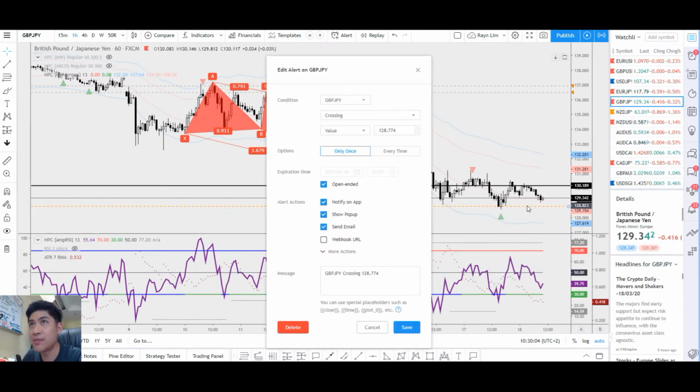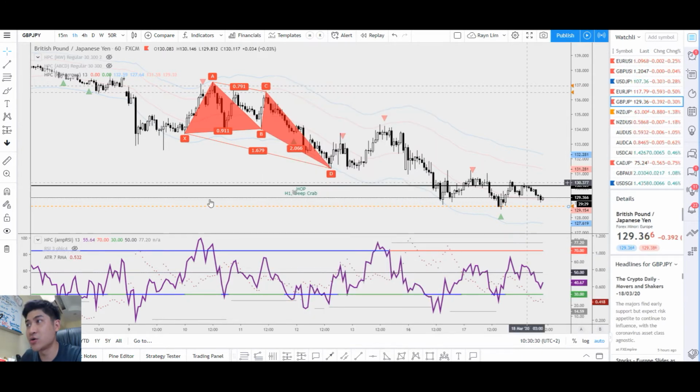Okay, Pound Yen 1-hour chart and Pound Yen dip crab, H1. Alright, so do be consistent on your secret coding. Alright, 1-hour chart. Okay, so I'm waiting for it to hit.